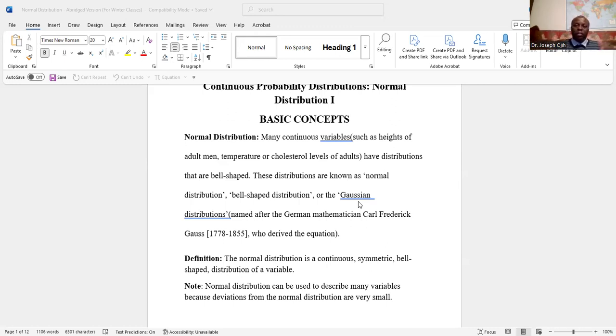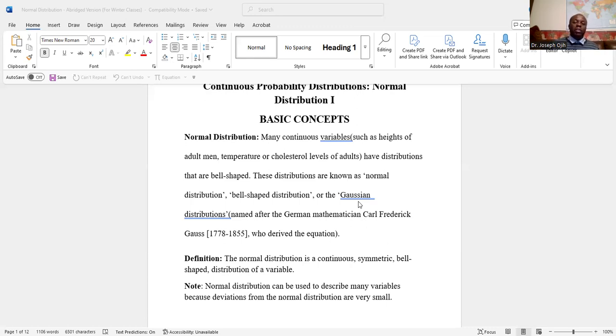There's a range, and most adults attain that height. Temperature: there's a temperature we consider normal for a particular day. If it's below that, it's not normal, which means you need to put the heater on, or if it's above, it's still not normal, which means you need to put the AC on.